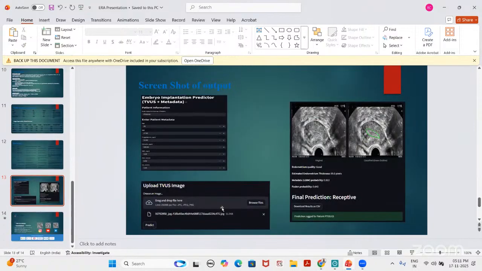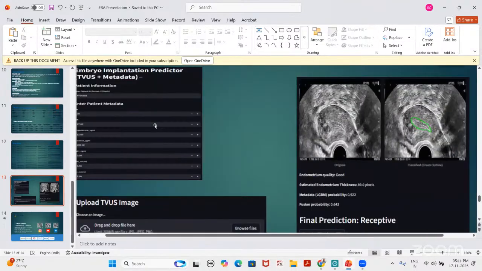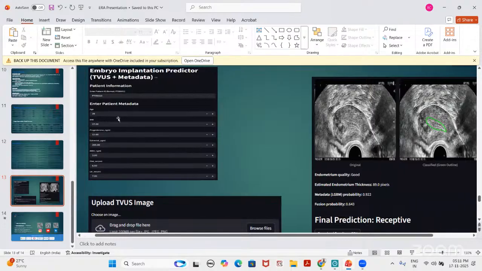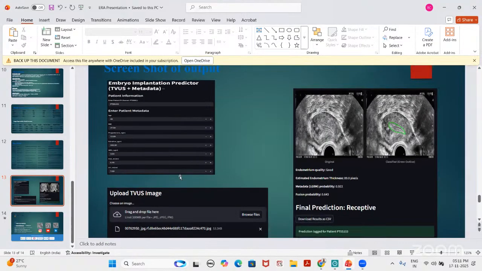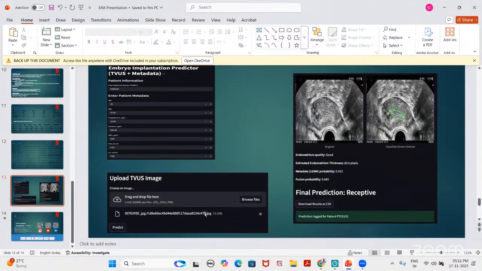And these are the screenshots that we can see here. This is the Streamlit application, where we mention the patient data, like the age of the particular patient, body mass index, progesterone level, estrogen level, AMH, FSH, those things. Along with that, we correlate those tabular features with our image data.